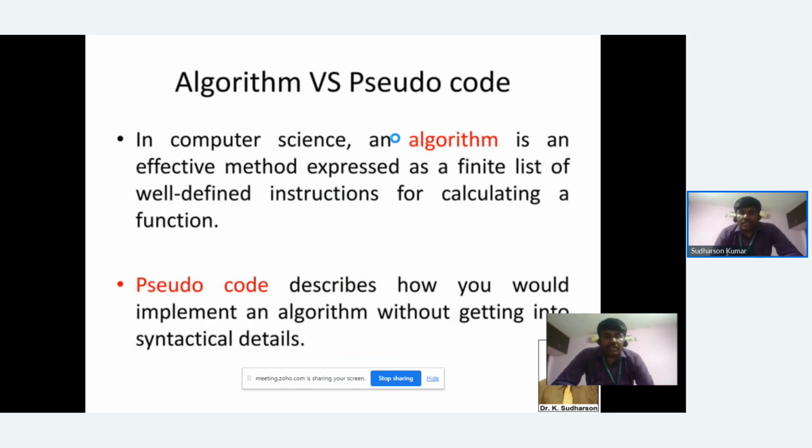If you have a program, that program you write with syntax, but pseudocode doesn't have any syntax. It describes how to implement an algorithm without any syntax. That is what pseudocode is.